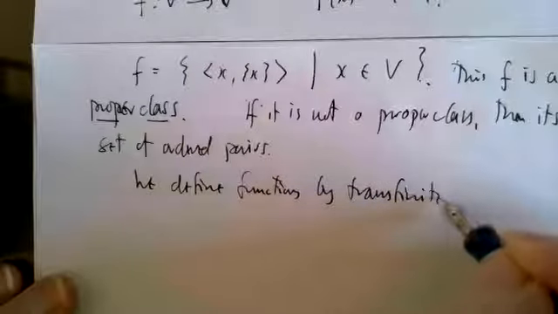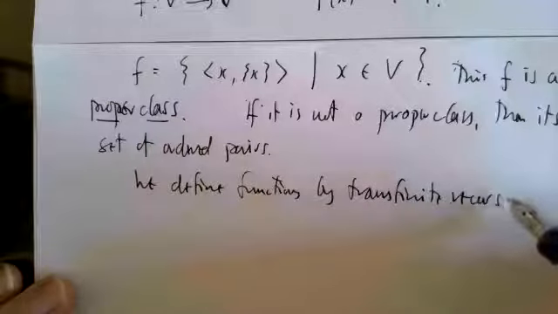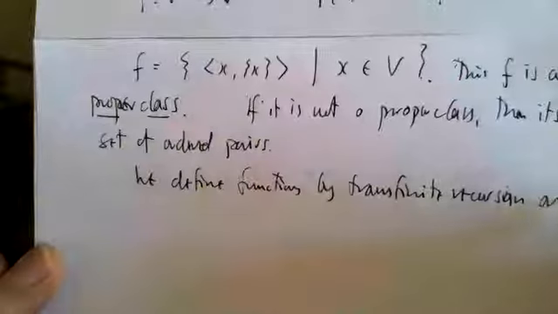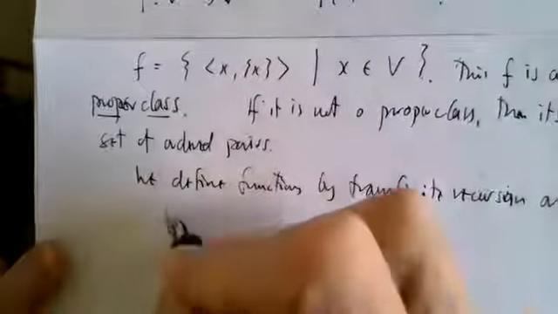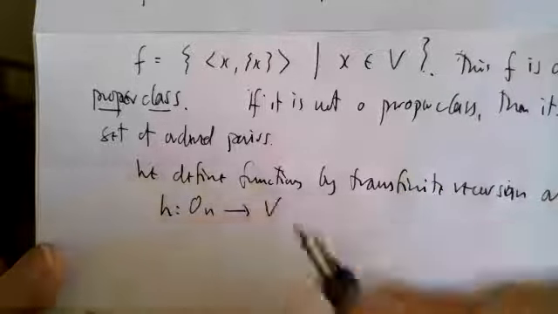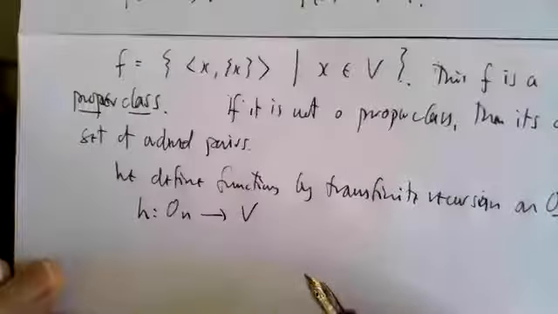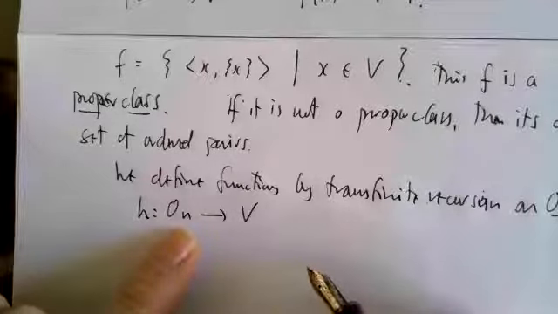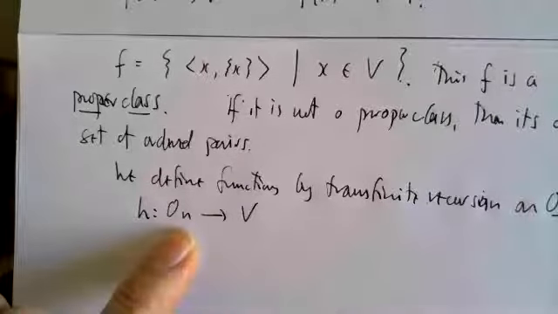By transfinite recursion, if we do this on all of On, then we're defining some function h from On into, well, V or whatever it is. In general, this will not be a set because its domain is a proper class.